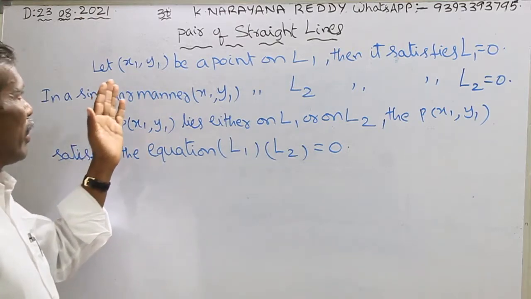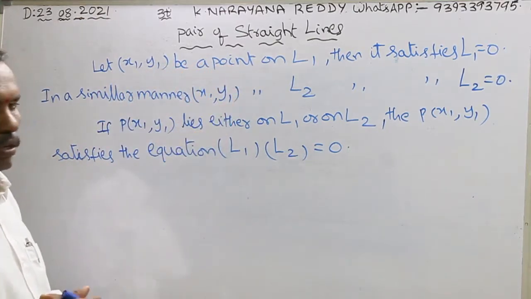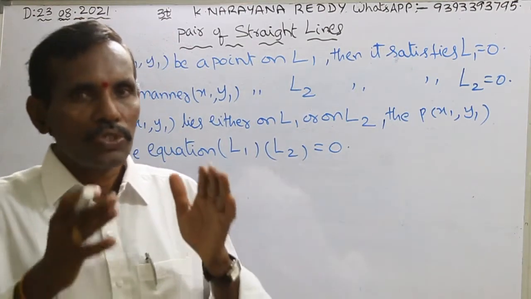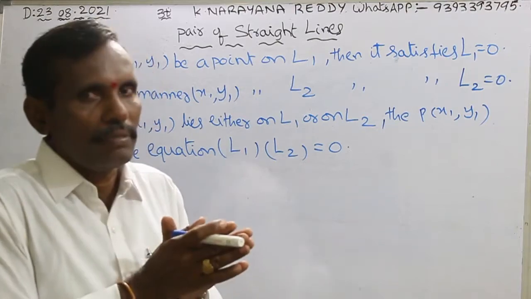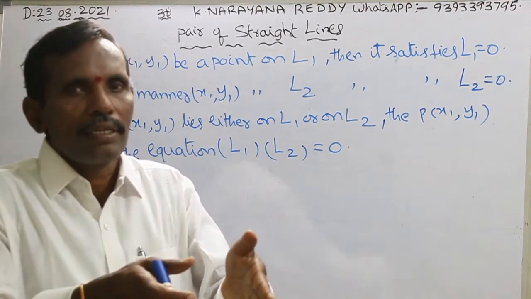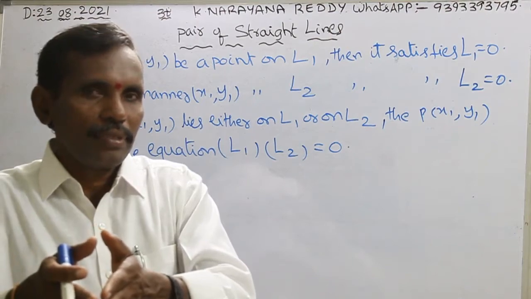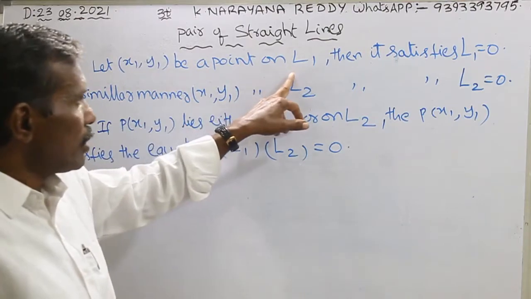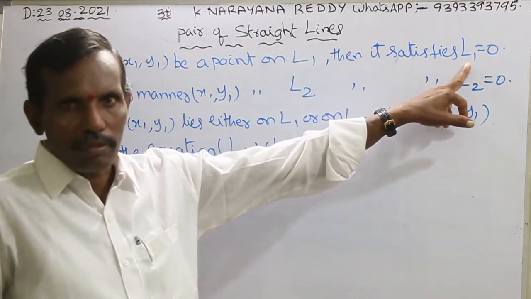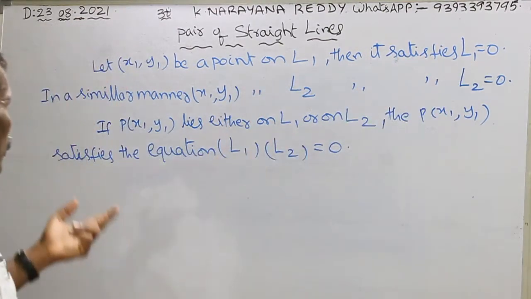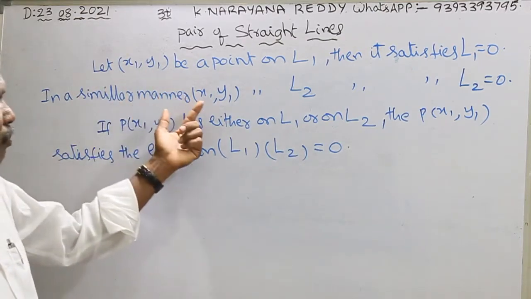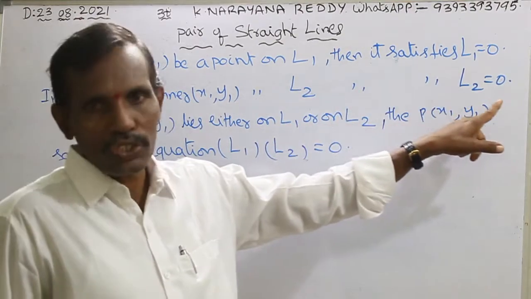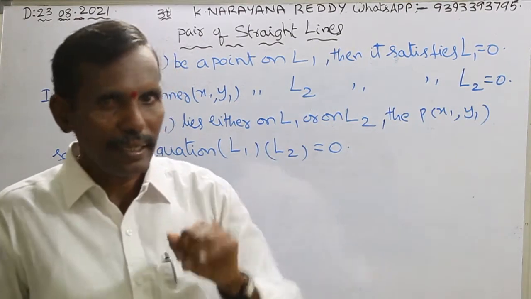Let x1, y1 be a point on L1. Means what? Suppose we substitute this point x1, y1 in that equation, then it comes to 0. Yes or not? So that is the straight line equation. If a point is on L1, it satisfies L1 equals 0. Yes or not? In similar manner, if x1, y1 is a point on L2, it satisfies L2 equals 0. That is the condition.